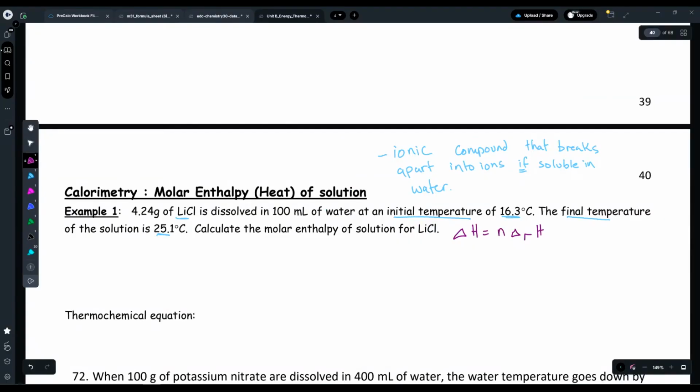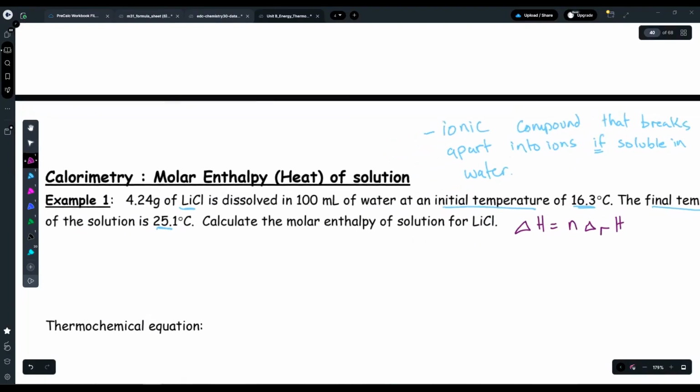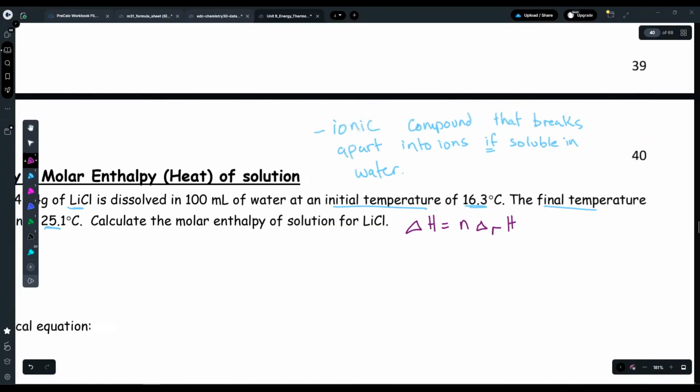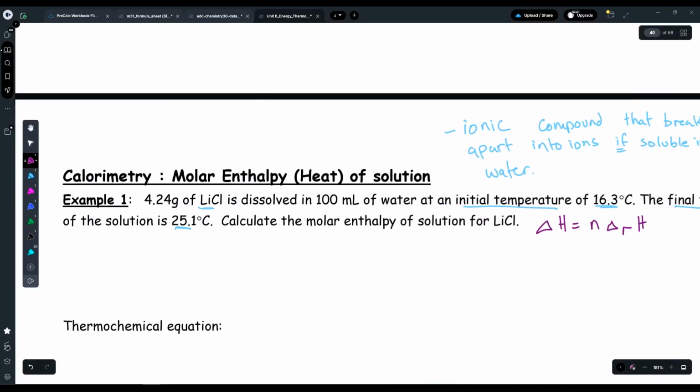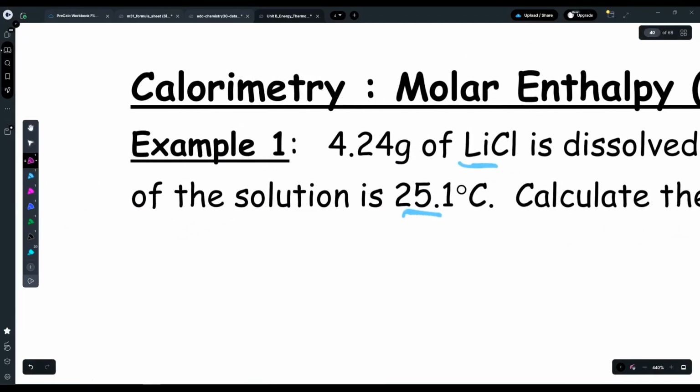Another thing I'm going to want to figure out is the change in temperature, just for later. So I'm going to start off by figuring out the change in temperature and the moles of lithium chloride.